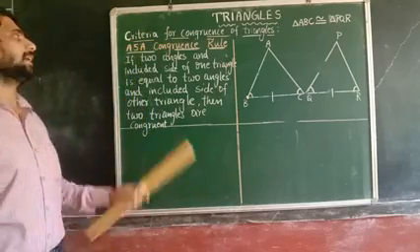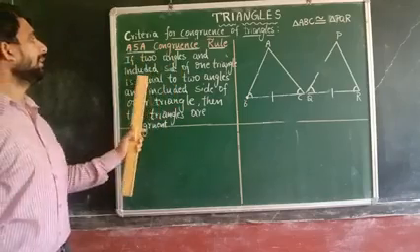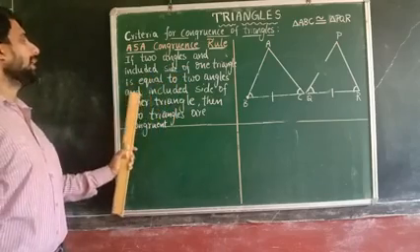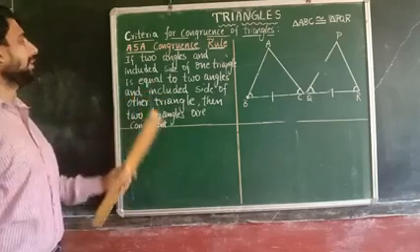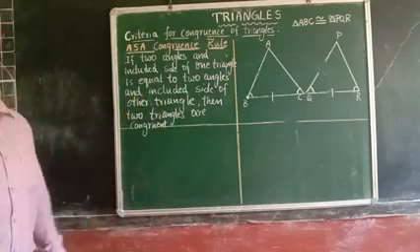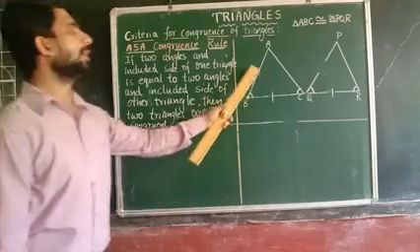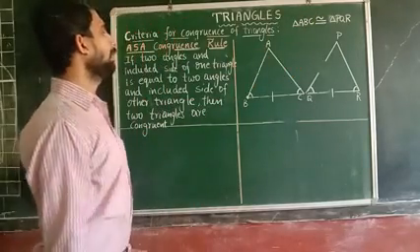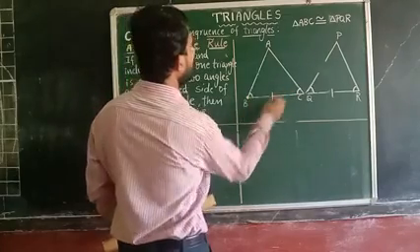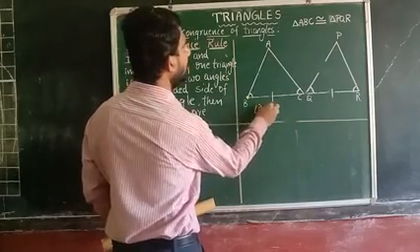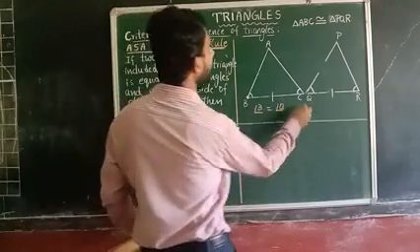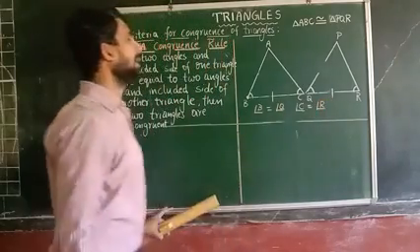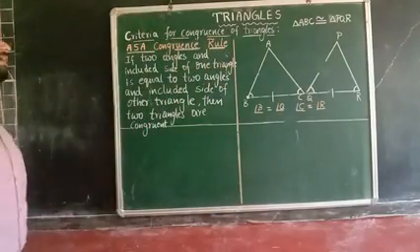It states that if two angles and the included side of one triangle are equal to two angles and the included side of the other triangle, then the two triangles are congruent. Here I'll take angle B equal to angle Q and angle C equal to angle R.